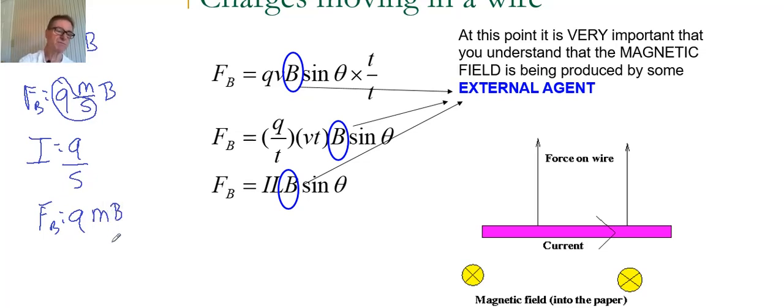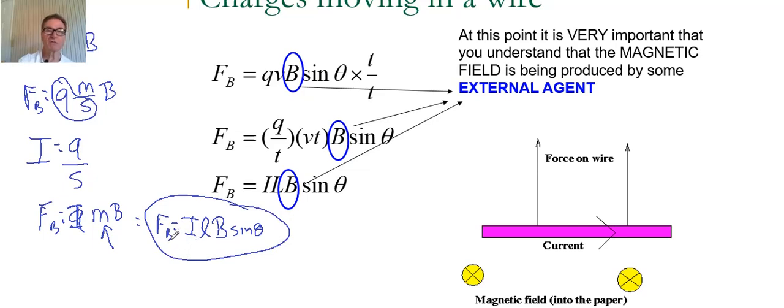Well, meters isn't the proper unit to put in there, but meters are usually given in length. So the magnetic force is equal to, this shouldn't be q, this should be I, I'm sorry, I times L, the length, because meters are given in length, times B, and we can add in the sine theta over here. So this equation, the magnetic force on a current carrying wire, is really the same as qvB sine theta.